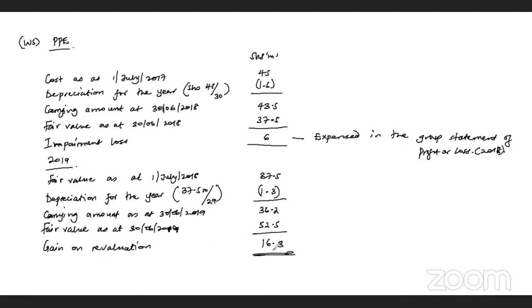From a carrying amount of 36.2 to a fair value of 52.5, we get a gain on revaluation of 16.3. Now the question is, how should we incorporate this in the financial statements of the group? Let us see how to operate this.